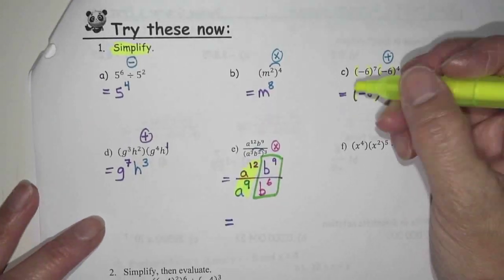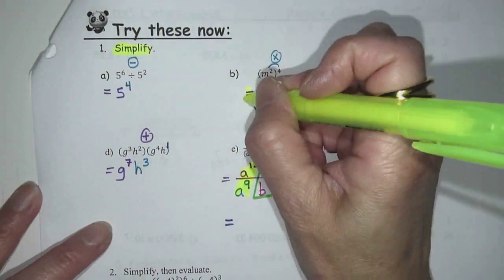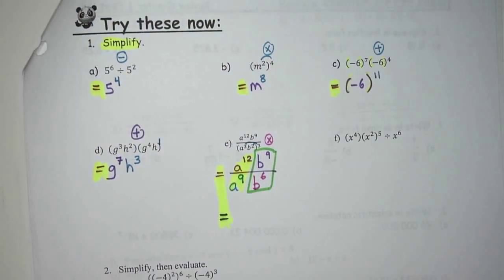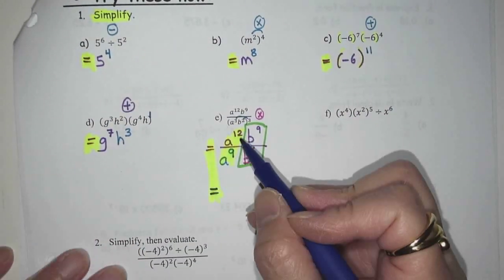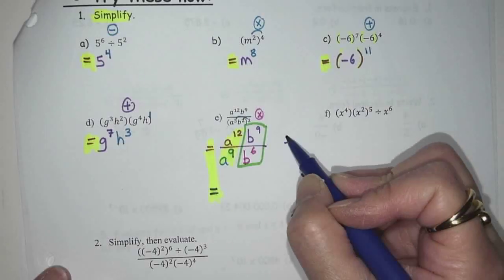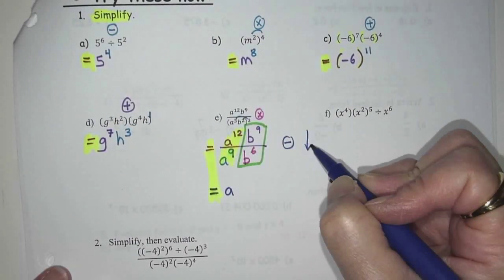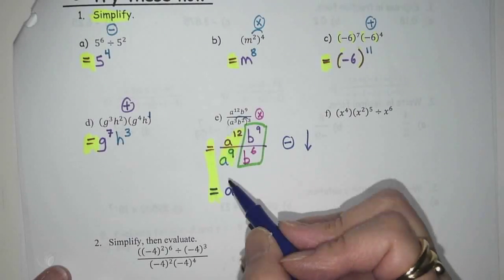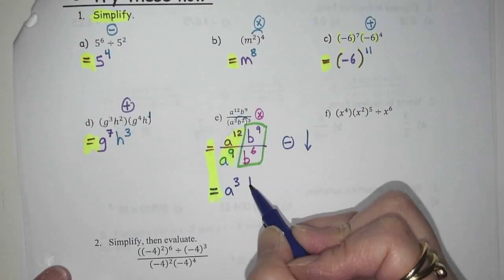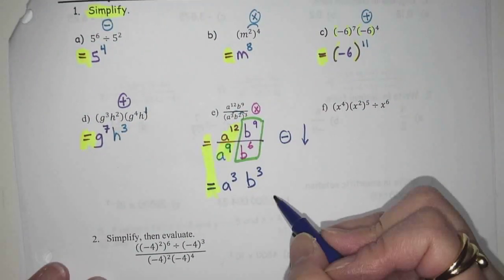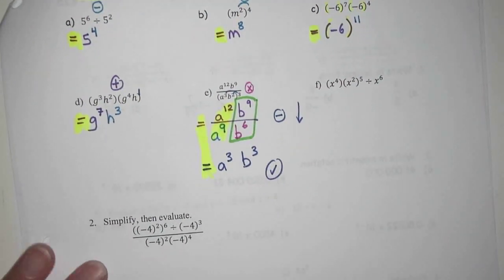Sometimes when we're doing all of this work, people forget to write equal signs because you're so busy on the rules, but you do have to make sure you have the proper equal signs. This is division, so we're going to subtract. Keep the base of a, subtract downwards, 12 minus 9, so 3. The base of b, 9 minus 6, so 3 left. And you stop here, you're done, that's all you can do.